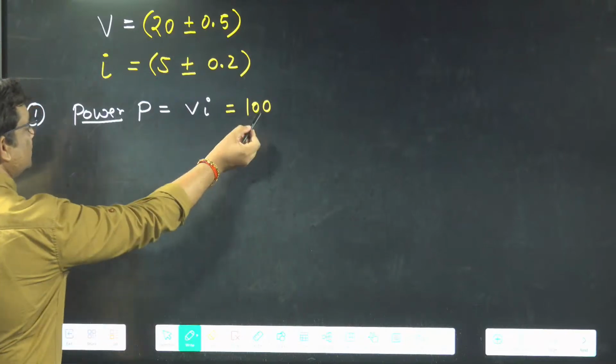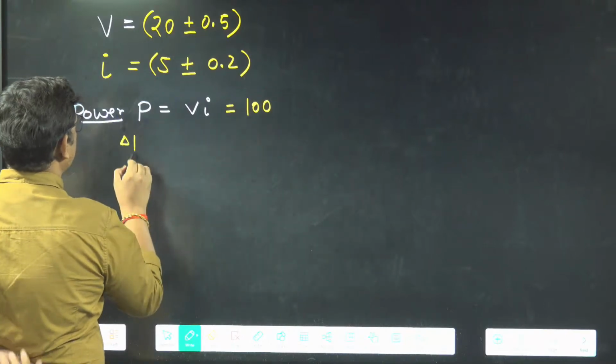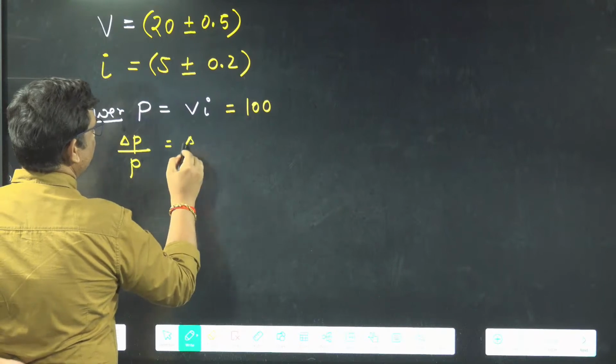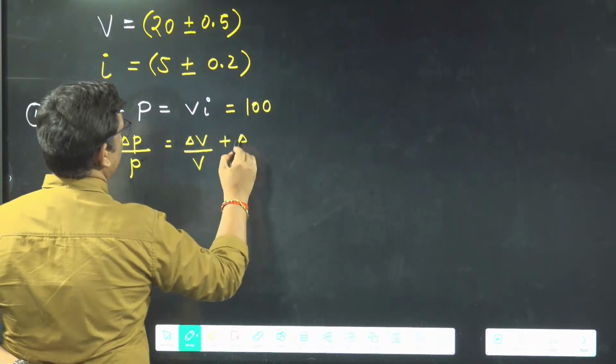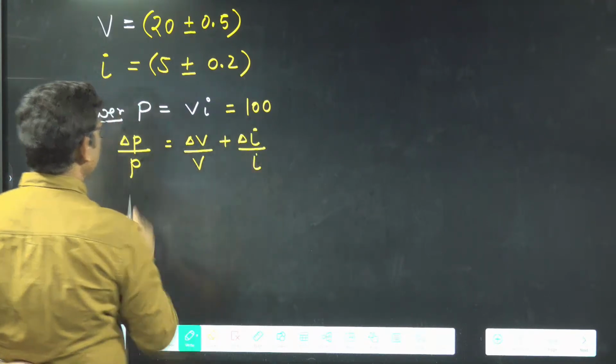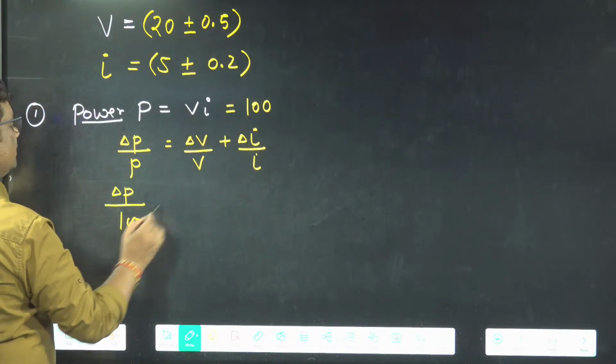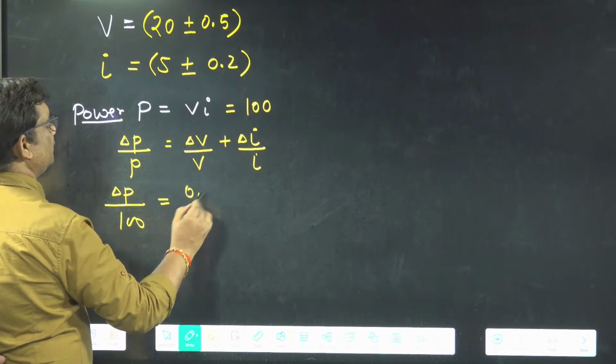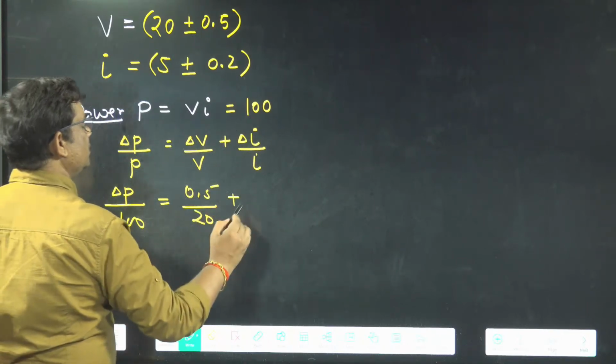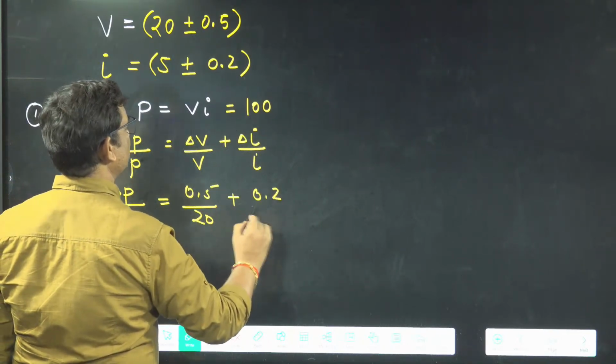So we can say here in this one 100. So delta P divided by P equals delta V by V plus delta I by I. So delta P, that we need to find, divided by 100. Delta V, that is 0.5 divided by 20, plus we can write 0.2 divided by 5.